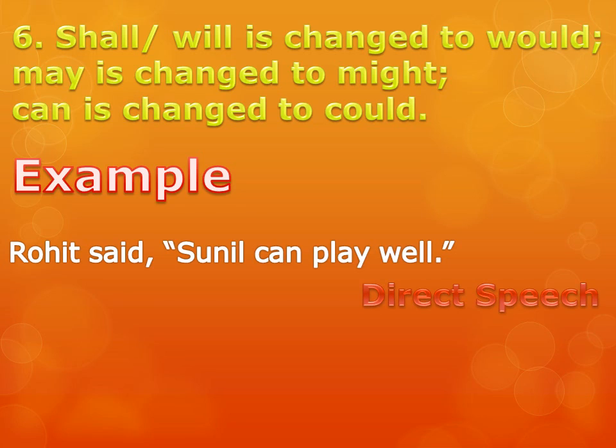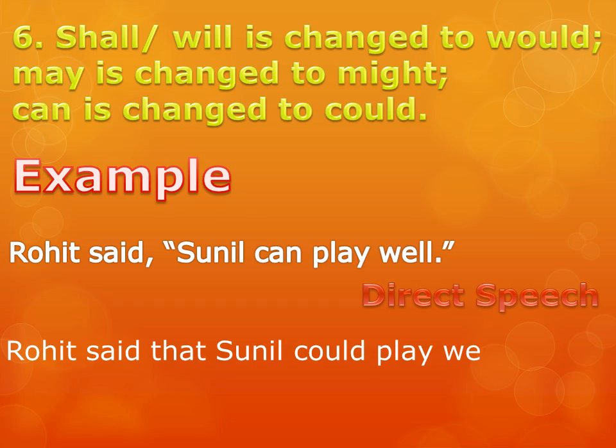Now it is in direct speech form, and when we change it into indirect form, it becomes Rohit said that Sunil could play well. So here we can clearly notice that can has been changed to could, and if it was may it will be changed to might, and if it was shall or will, it would have been changed to would.